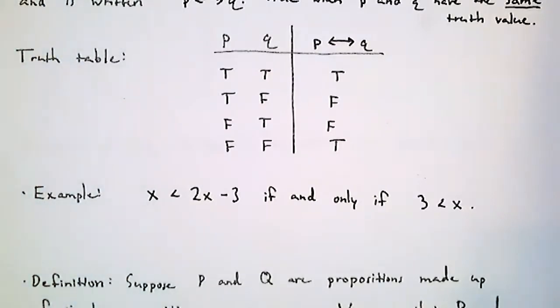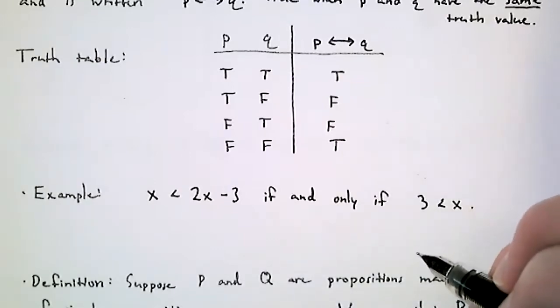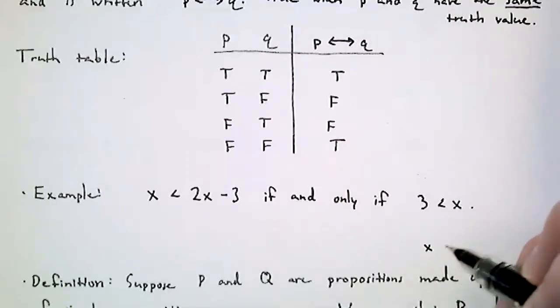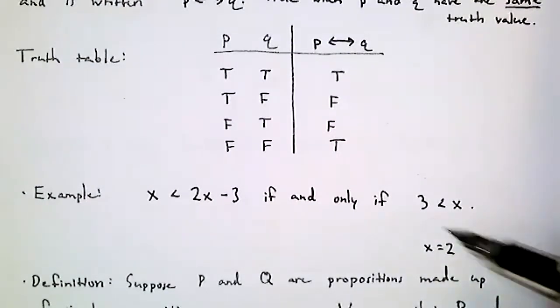Okay, and maybe to fill in a blank here, if I make this one false, if I plug in x equals, I guess 2 would be a good example. That would make this side false.